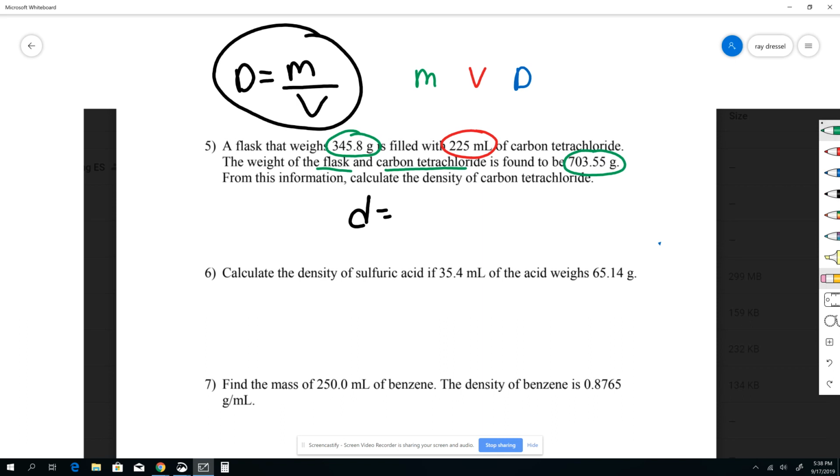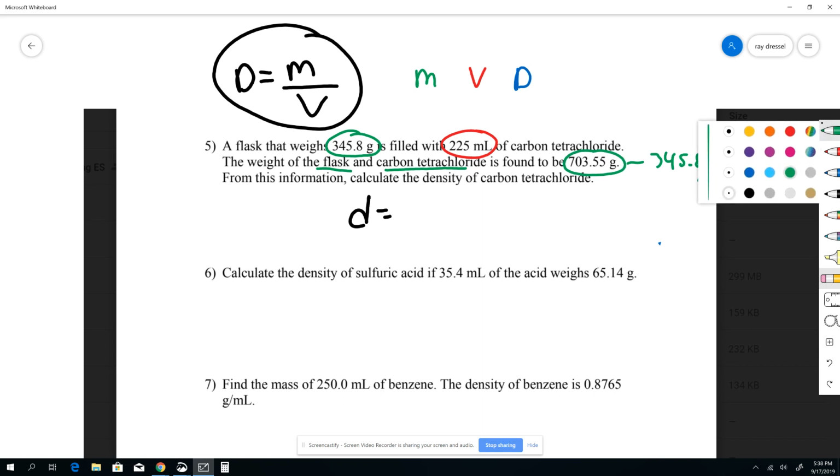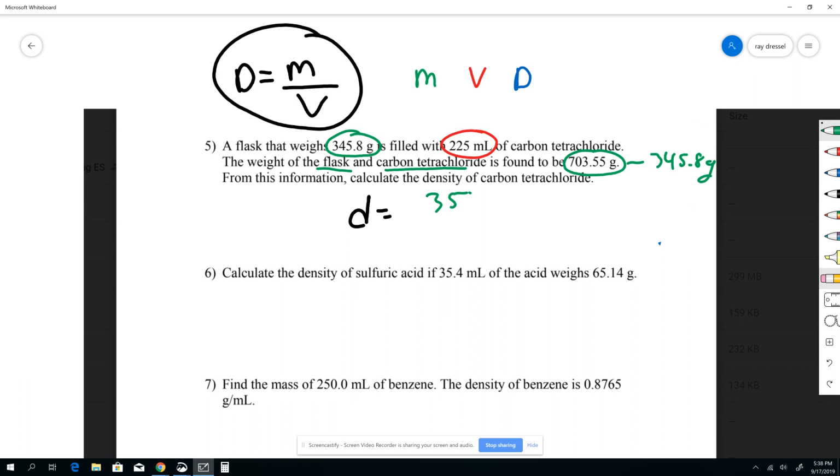So you're going to take this number minus the 345.8 grams, and that's going to be the mass of that particular thing. If you look back, that's going to be a total of 357.7 grams, divided by the volume, which is 225 milliliters.